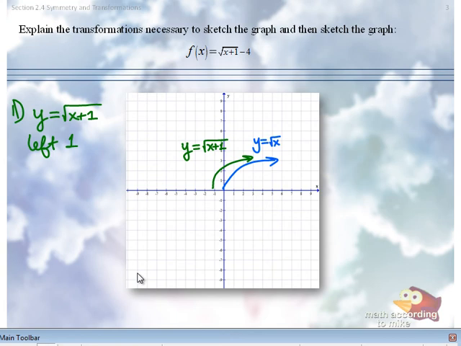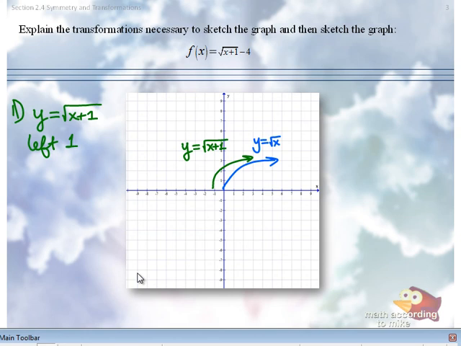So what happened was this point 0, 0 moved left 1, which means all points have to move left 1 now to make up for that. So again, k does what it says it's going to do to the y-coordinate. If you add to the function, you're adding to the y-coordinate. If you subtract from the function, you're subtracting from the y-coordinate. For the h's, it's the opposite. If you're adding to the variable, you really subtract from the x-coordinate. If you subtract from the variable, you're really adding to the x-coordinate.